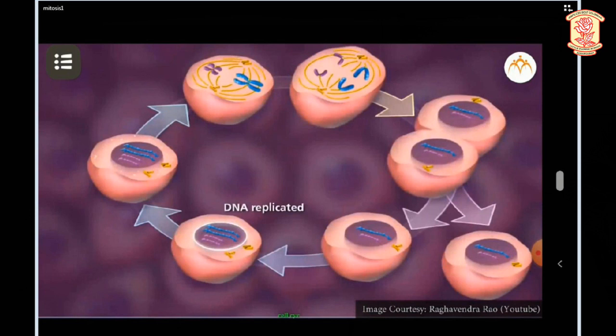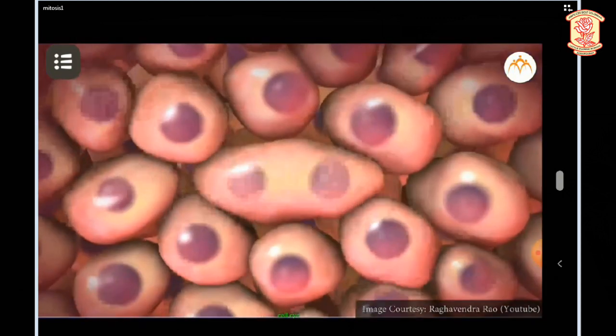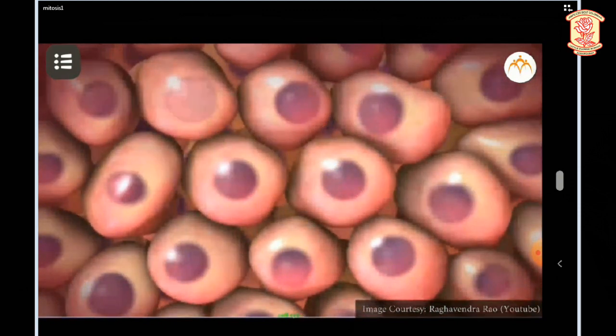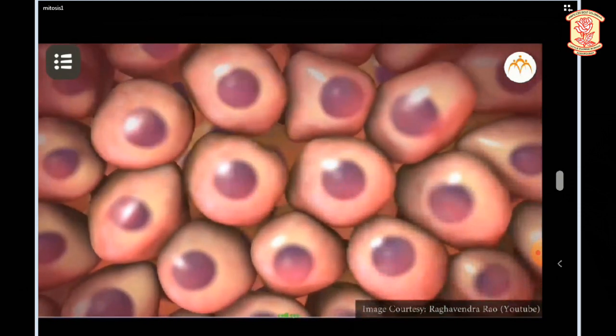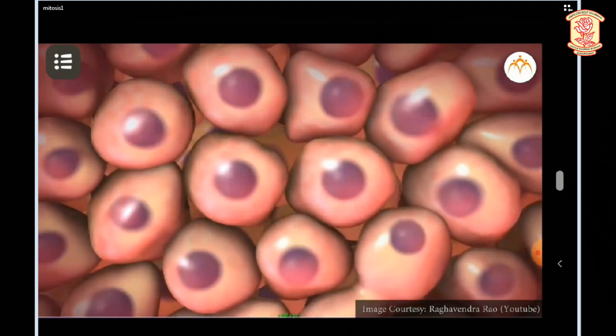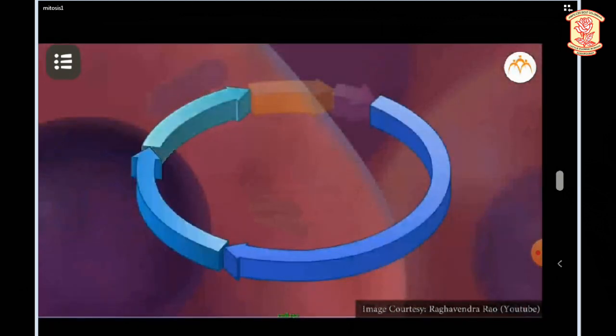Can you see a single diploid cell undergoing changes stepwise, ultimately resulting in two daughter cells which are exactly similar to the parent cell? Such type of division is called mitosis. Here you can see one single cell dividing itself into two and replacing the worn out cells. This is the main purpose of mitosis.